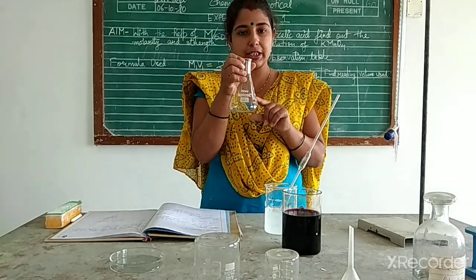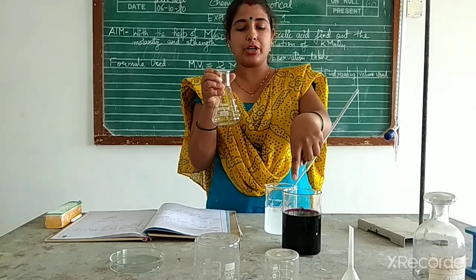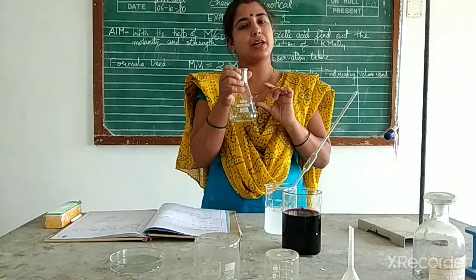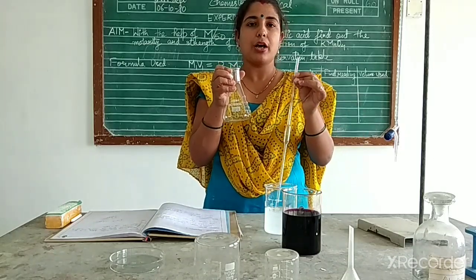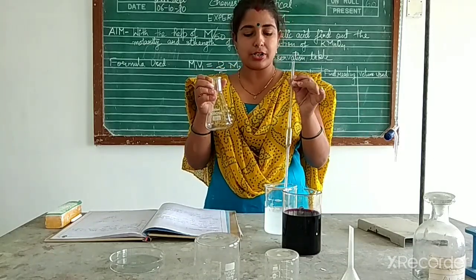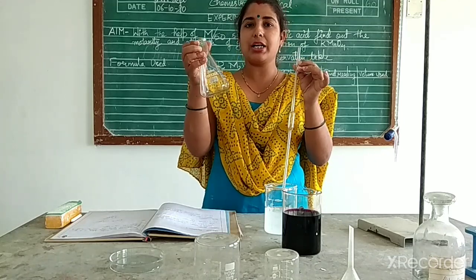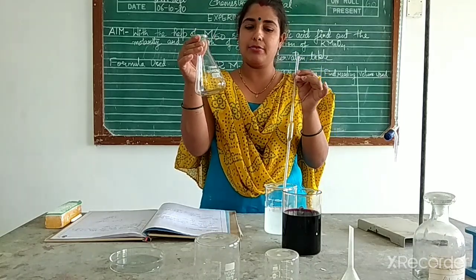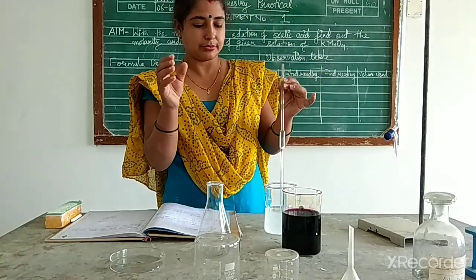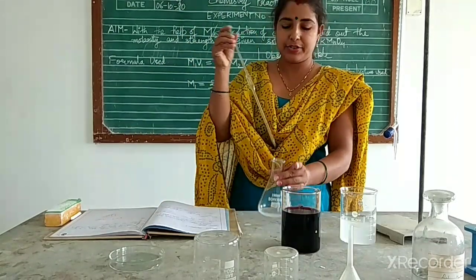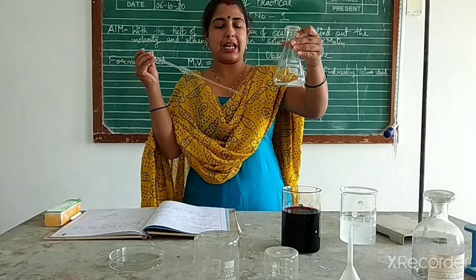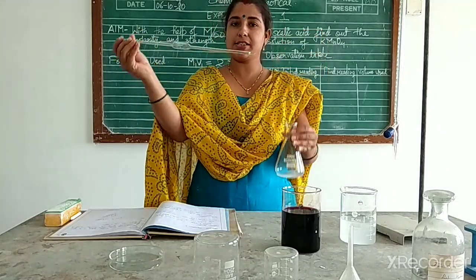That means in this flask only the 2 reactants will mix together and react. So now we'll pipette out 20 ml of oxalic acid and I'll put it inside this conical flask. I have taken 20 ml of oxalic acid in this conical flask with the help of the pipette.